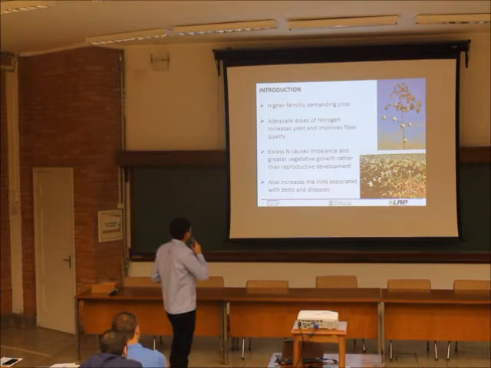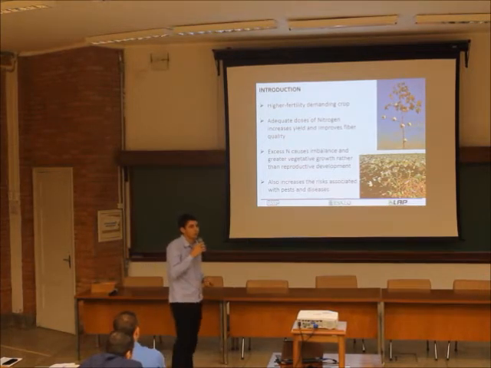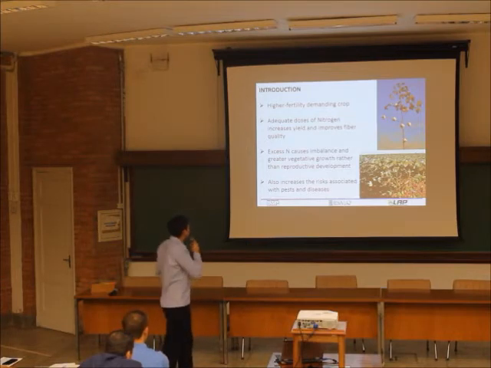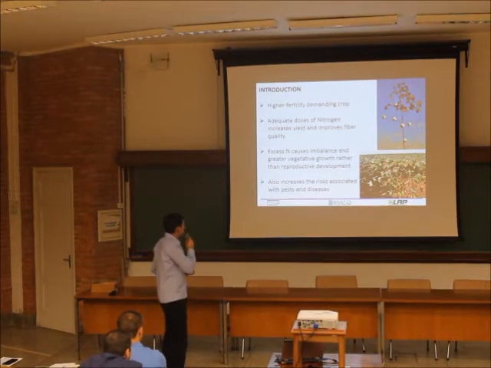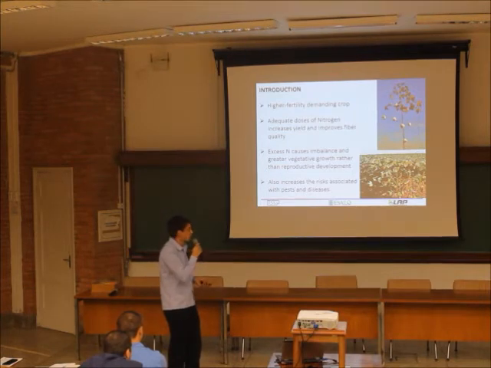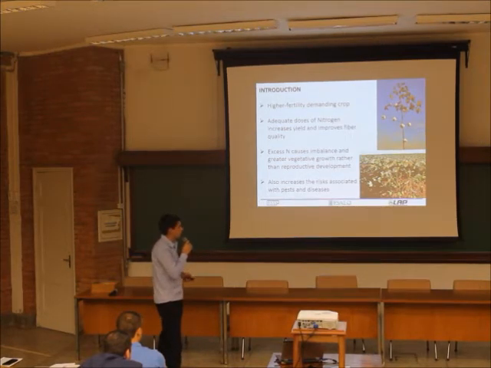An adequate dose of nitrogen increases yield and improves fiber quality. But in excess, nitrogen can cause an imbalance and greater vegetative growth rather than reproductive development, which is also a problem. It also increases the risks associated with pests and diseases.